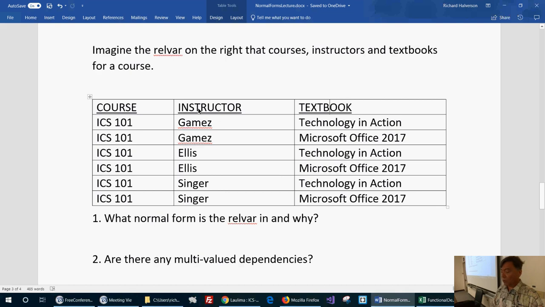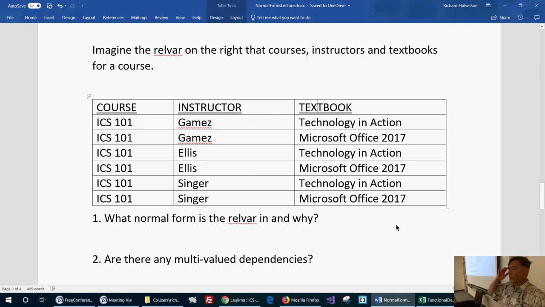But there's no real relationship between instructor and textbook, and we can have instructors other places, and textbooks other places, so you have a multi-valued dependency, so it's not in fourth normal form.